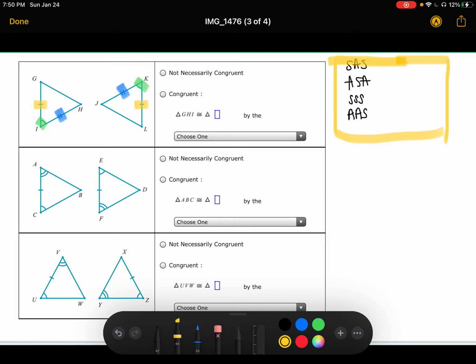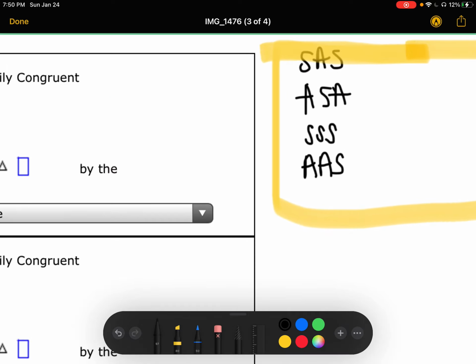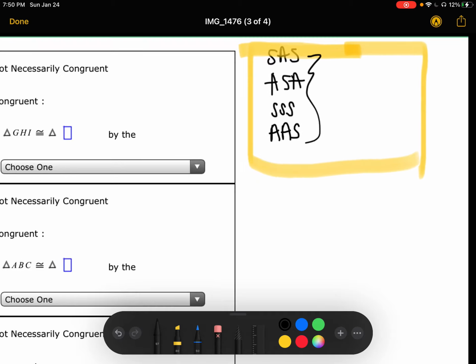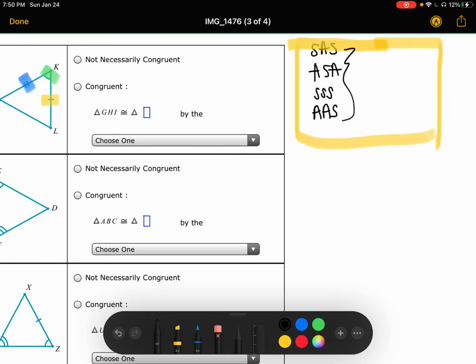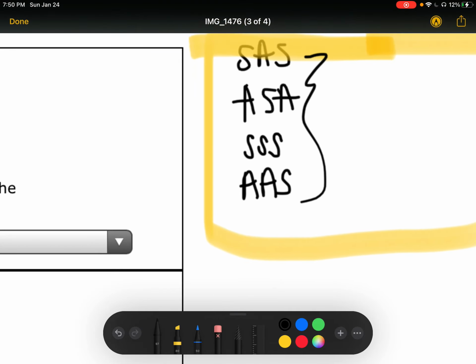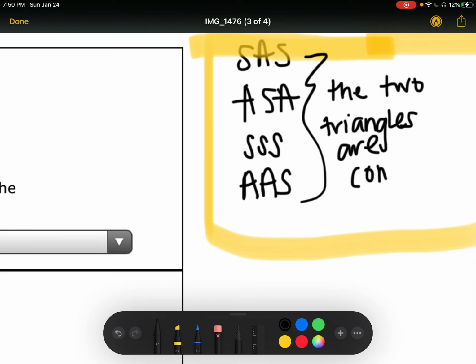And if you have any one of these, that means that the two triangles are congruent.